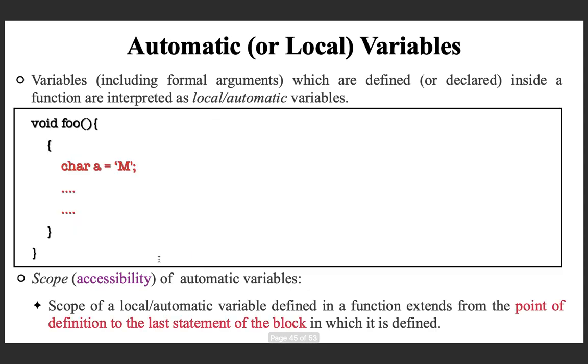Example, suppose if you look at this particular code and the variable small a, it is defined within the inner block. So the accessibility starts here and goes all the way till the last statement of the block. So it's not accessible outside the block, and that's it. So that's about automatic or local variables.